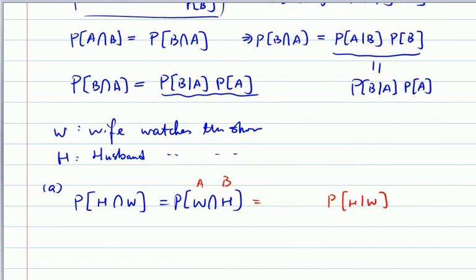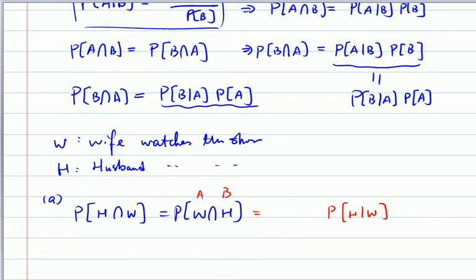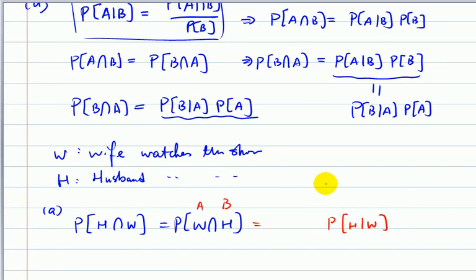If I have this condition here, I am basically using P(W) over here. If I write this, this is my A, this is B, and this is A, and that's exactly what we're looking at here.